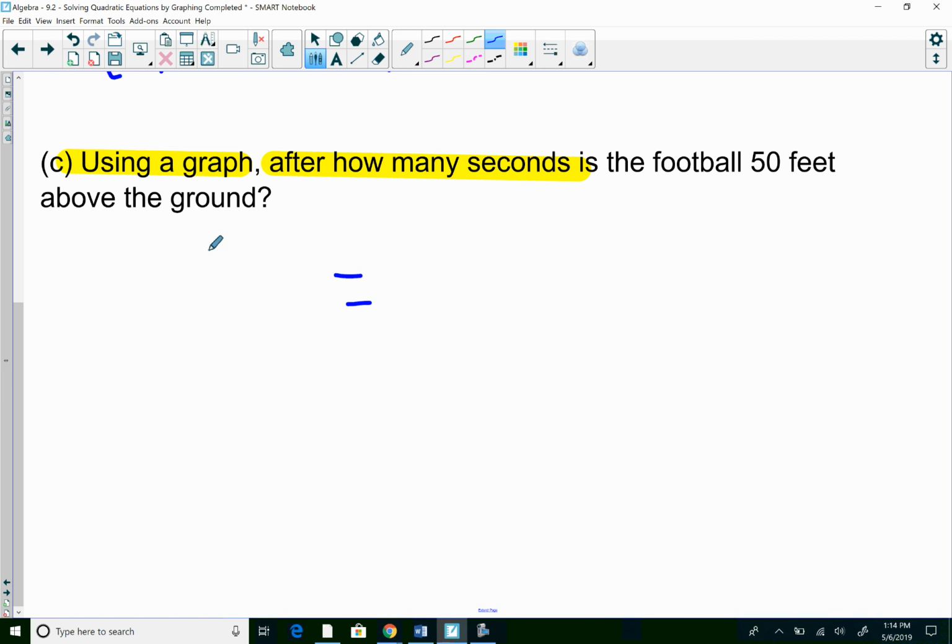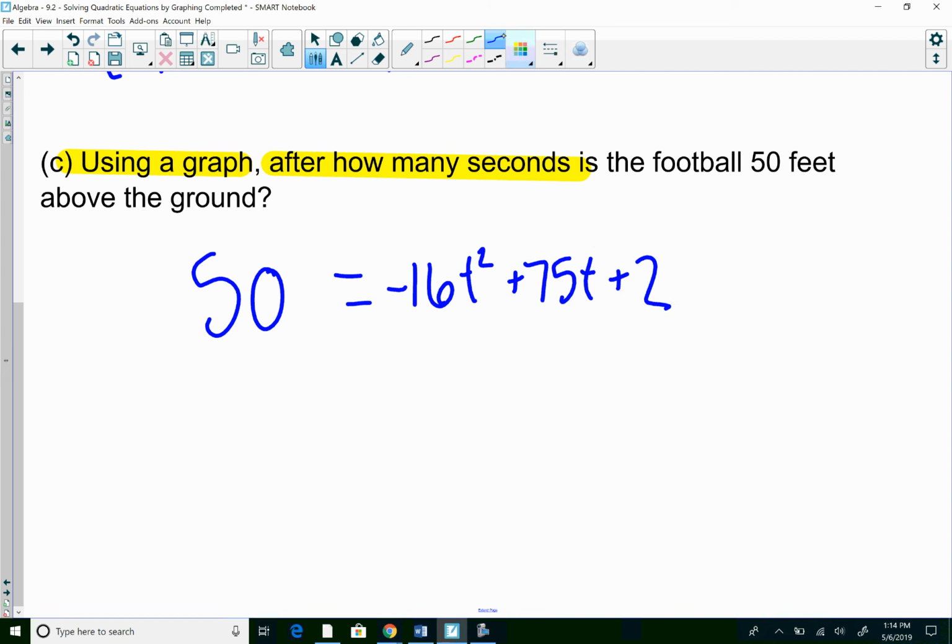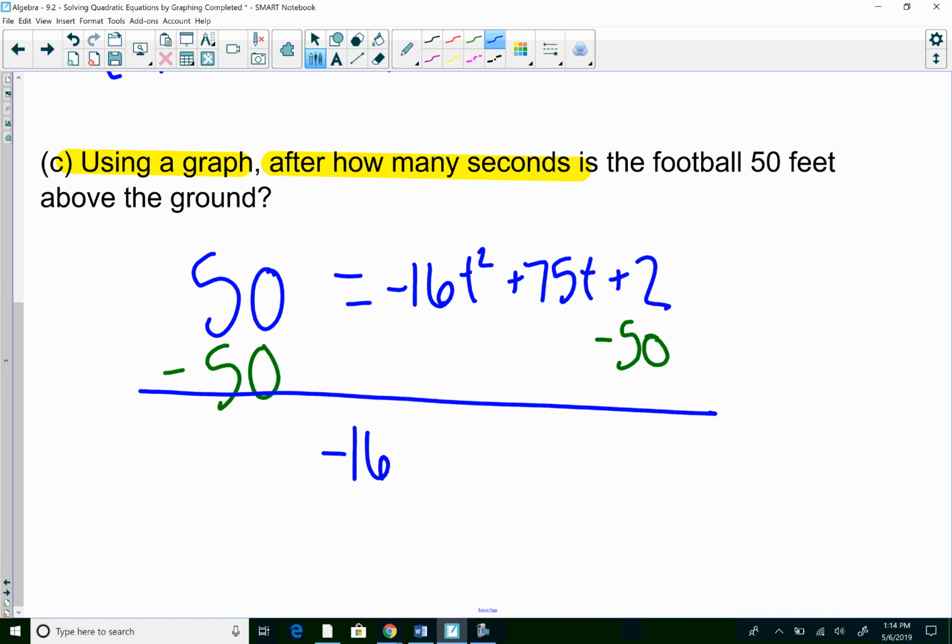They want the height to be 50, and they want you to take this negative 16t squared plus 75t plus 2. Remember, the only way to start solving a problem like this is to get 50 over here on the other side. So negative 16t squared plus 75t, and then that would be minus 48.